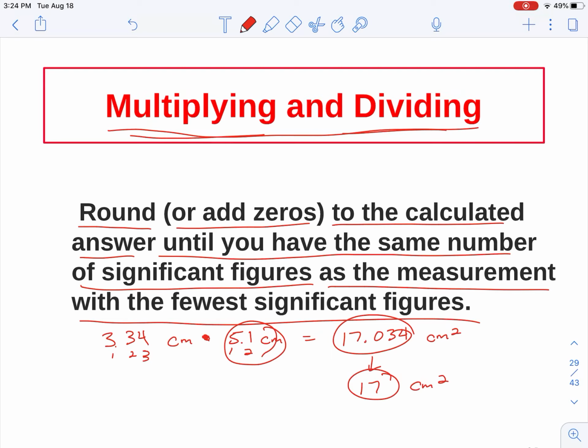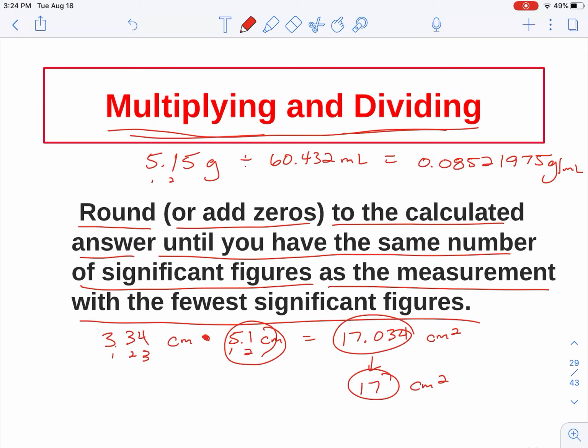Let's do another example. Let's say you have 5.15 grams, and I'm going to divide that by 60.432 milliliters. If I just take those numbers and do 5.15 divided by 60.432, I would end up getting a number something like 0.0852197 grams per milliliter.